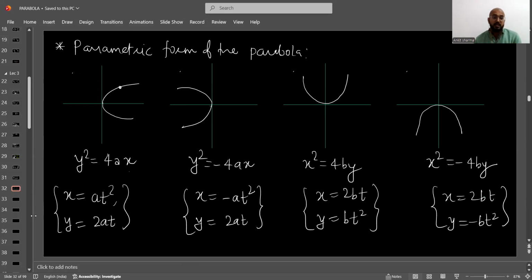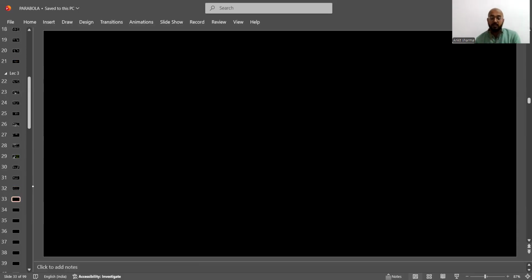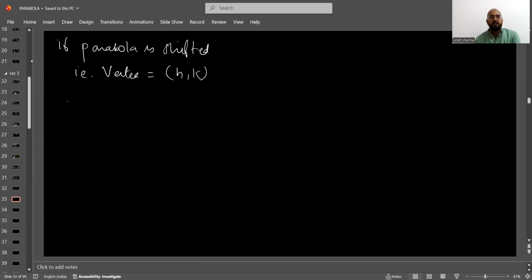This is for the standard parabola, that means the vertex is at 0, 0. So if the parabola is shifted, in the sense that the vertex is now some h comma k, in this case I'll have x is equal to at square and y is equal to 2at as I had earlier.